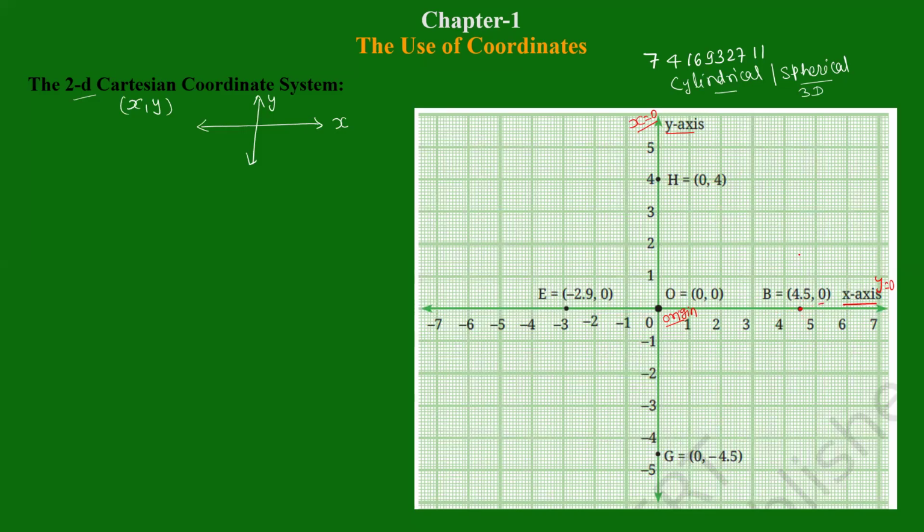The location of any point in two-dimensional Cartesian coordinates is represented by these two variables, like x1 and y1. x1 is called the abscissa and y1 is called the ordinate. First we write the reference with respect to the x-axis, so this first one is the distance of the point from the y-axis.